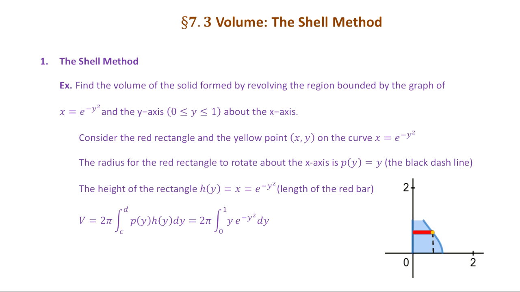And we're going to use the change of variable. So we're going to define a new variable. We define u to be negative y squared.